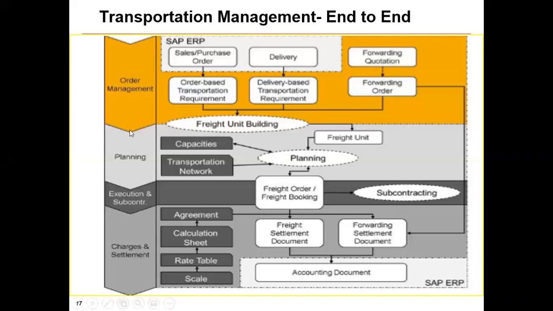So this is the one direction. During planning we need to check whether the capacities are available or not, whether there are enough capacities at the particular delivery date. Two things are there: one is the delivery quantity, the other is the delivery date.